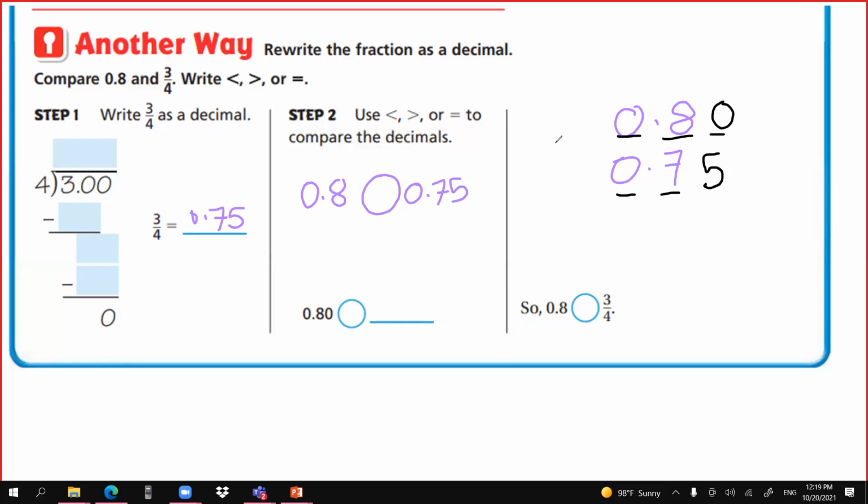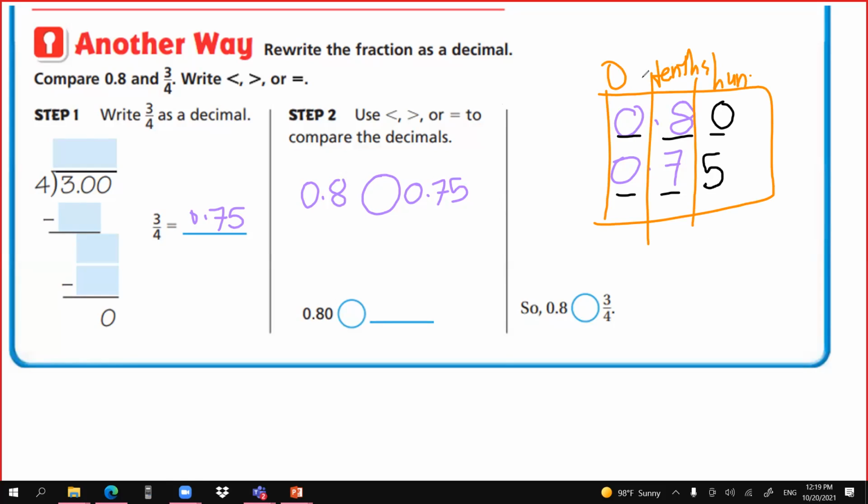Now here, when I want to compare between two decimal numbers, starting from the ones, here we have ones, tenths, and hundredths. Starting from the ones, they are equal. Now go to the tenths, 8 and 7, which is greater?